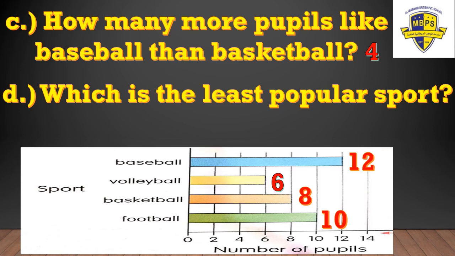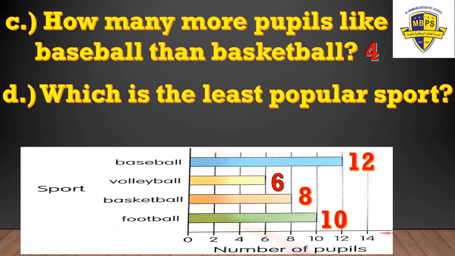C. How many more pupils like baseball than basketball? Now, if you remember, I told you that when we have to compare between two things, we are going to minus. Very good. So, how many more pupils like baseball than basketball? Now, if you look at the bar chart, how many pupils like baseball?